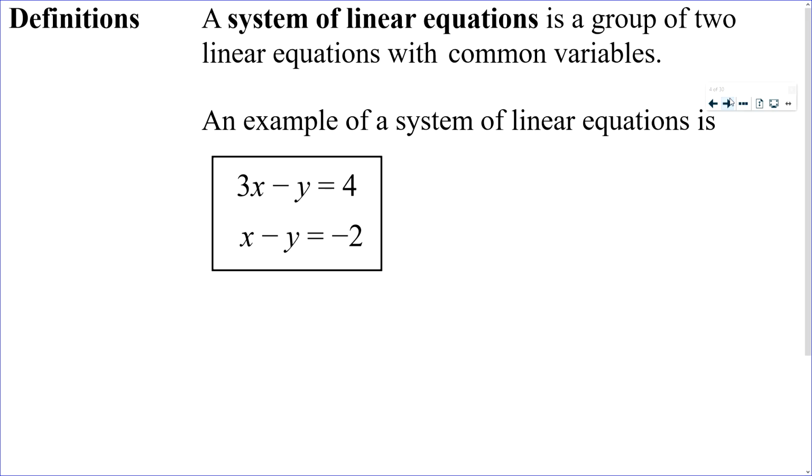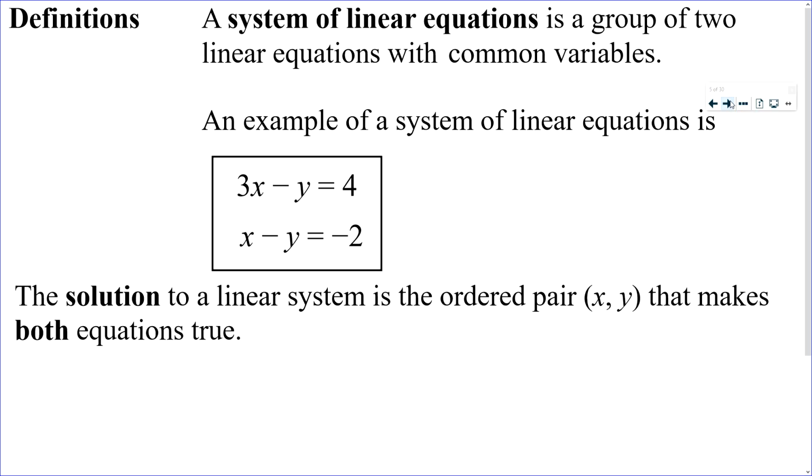And we have another equation in this system, which is x minus y equals negative 2. Again, it's a linear system of equations because both of those equations are linear. In other words, both of those equations, if you were to graph them, and we will, you would see that they're straight lines.